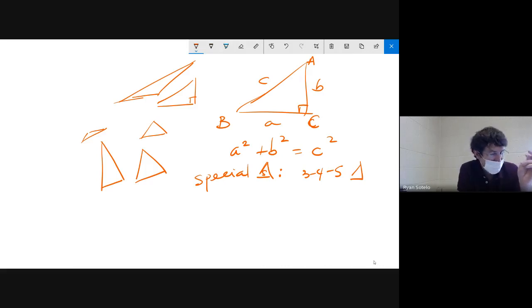We had two special triangles in terms of their angles, two special right triangles. Remember, the angles have to add up to 180. Does anybody remember special triangles involving angles?